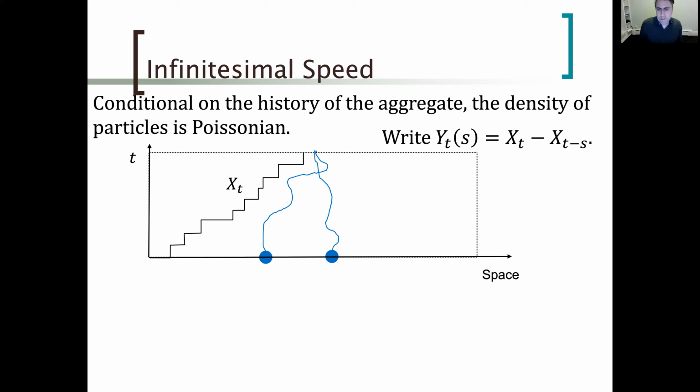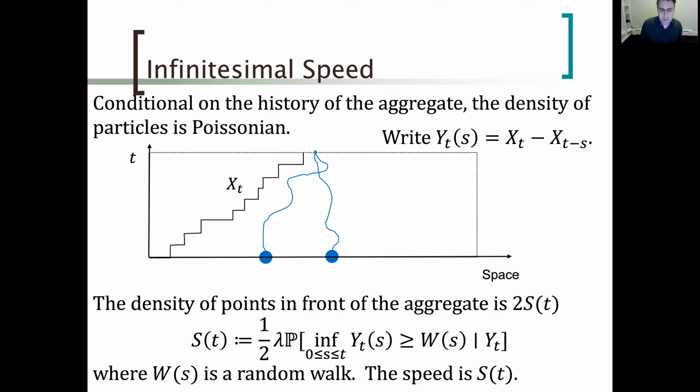So if I write Y_t as the time reversal of the aggregate, then this infinitesimal jump rate is just given by lambda over 2 times the probability that a random walk is less than or equal to this time reverse process. And because the time reverse process is random, that's a random process.